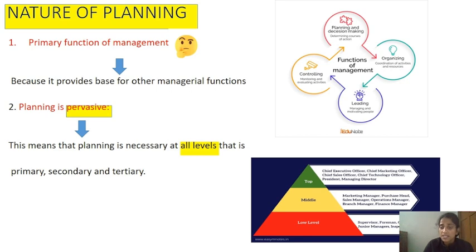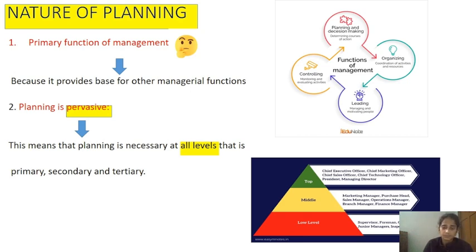The better the planning is, the better the other functions of management will be. During planning, we decide how to control, when to staff, how to staff, and what our recruiting policy will be. This is how it is the base for other functions of management.